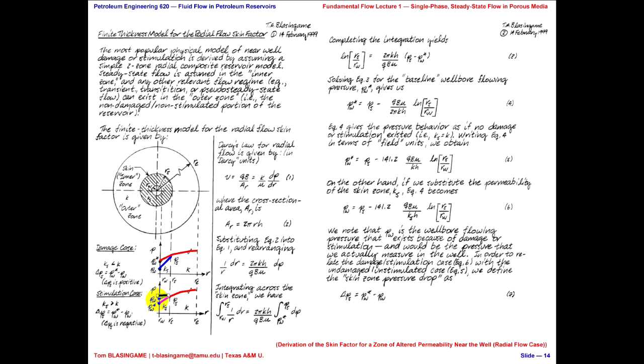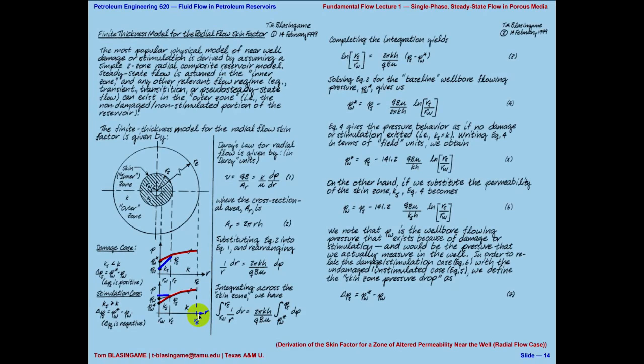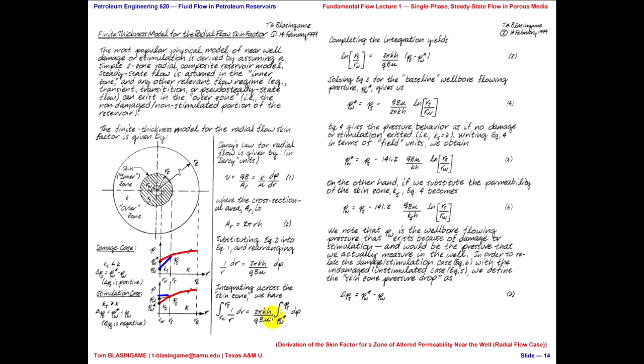An infinite permeability, right? So if you're going to use this concept to describe acidizing, and you put so much acid in that the permeability is now infinity, the best skin factor you can get will be defined by this. Okay?